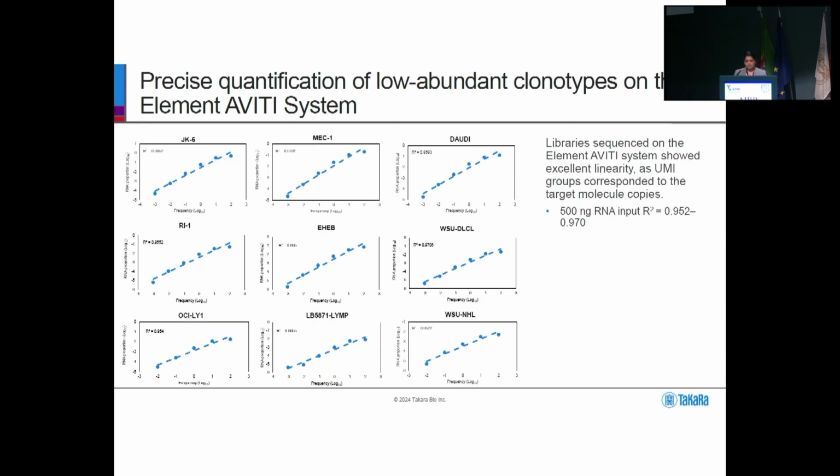As I said in the beginning, we also did some libraries and sequenced on the Element Biosciences IVT. I'm showing here the data for 500 nanogram, and it also shows good linearity across all 9 cell lines, with a correlation coefficient of more than 0.95. Again, it shows that the UMI groups identified correspond to the target molecules in the sample.